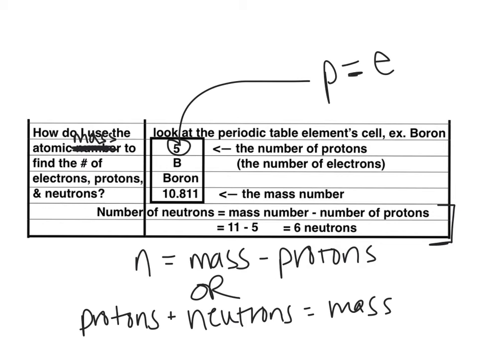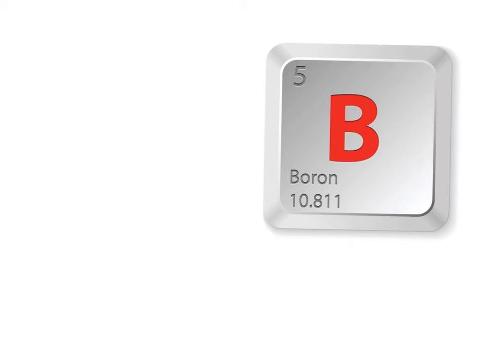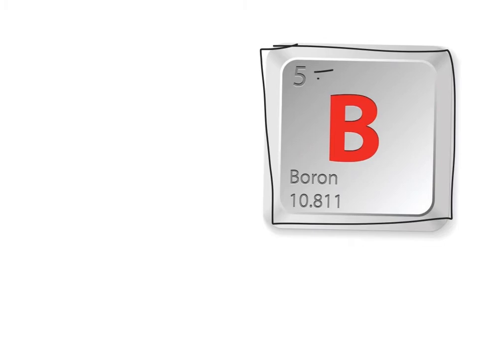So this one here, you are always going to round it. If it's above 0.5, it's going to go up. If it's below 0.5, it's going to go down. So here is the periodic table cell for boron. This 5 is protons, and it is also the number of electrons that are found in one atom of boron.